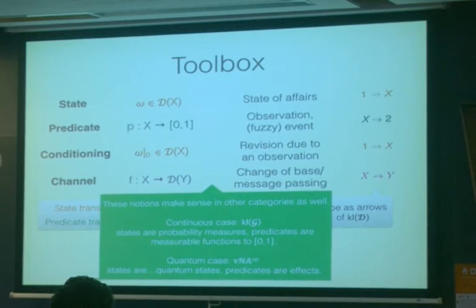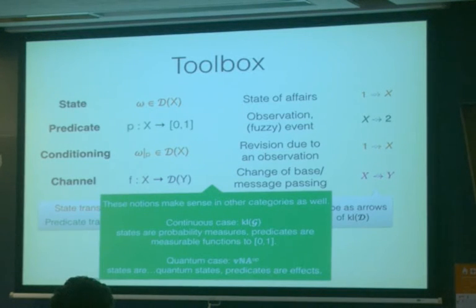Namely, if instead of Kleisli of D, you consider the Kleisli category for the G monad, for instance, you obtain a similar picture but for continuous probability. States are probability measures, predicates are measurable functions to [0, 1]. And you can also have a quantum case where you reason in the opposite of the category of von Neumann algebras. And in this case, states are quantum states.